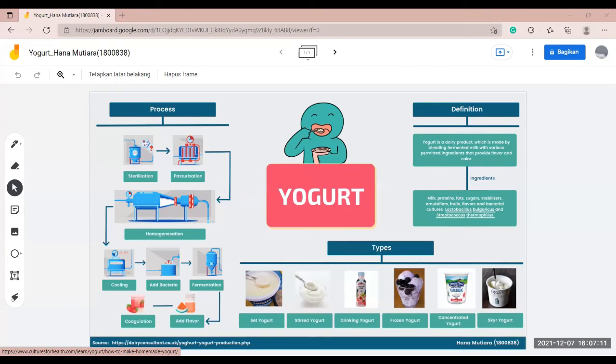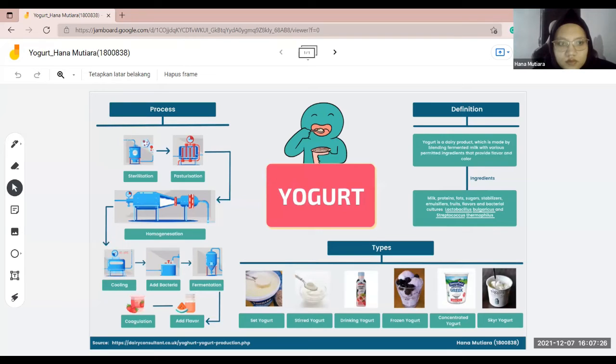Okay, thank you, Miss Fania, for the opportunity, and Miss Hana for the presentation. Previously, Miss Hana mentioned that set yogurt and stirred yogurt both go through the incubation process.